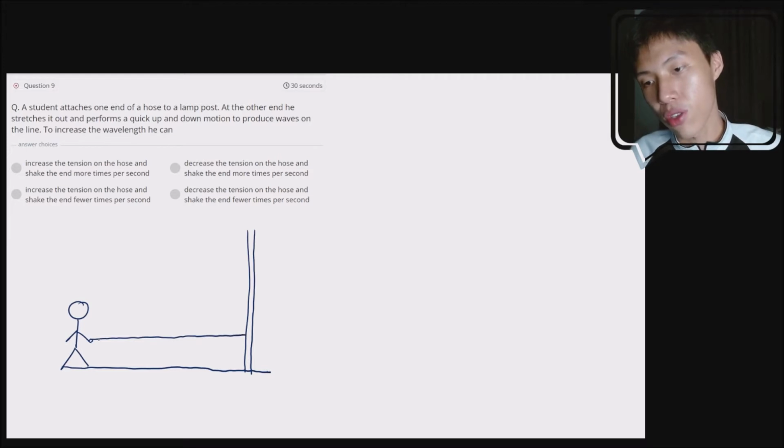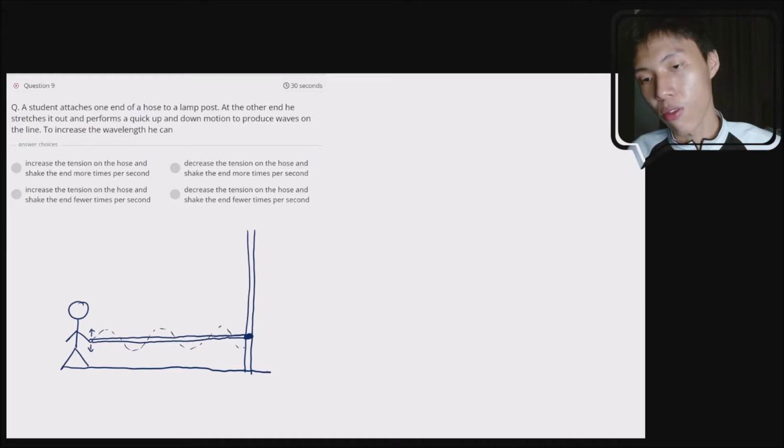So you are stretching a hose which is tied on one end to the lamppost. Then this student's hand performs a quick up and down motion. Therefore, a wave will be produced.